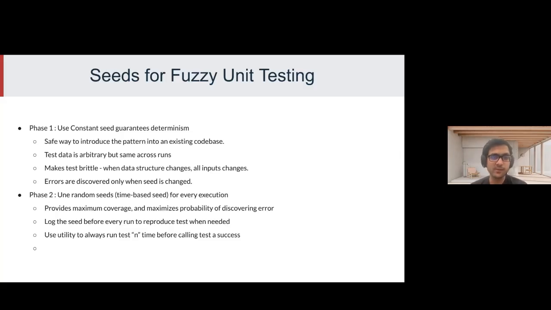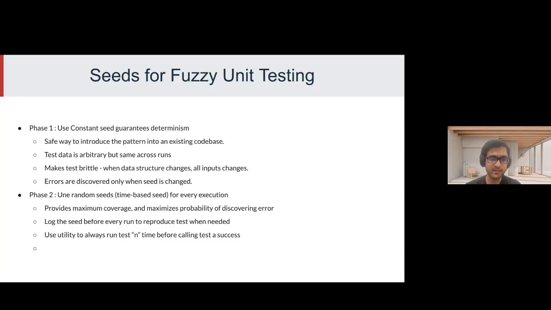To do this, for teams that are just starting to use fuzzy unit testing, I typically recommend using a constant seed. When using a constant seed, the values in the test are arbitrary but fixed. So if you run the test 5 times, they will have the same seed, and therefore all the test data will remain the same, although arbitrary.